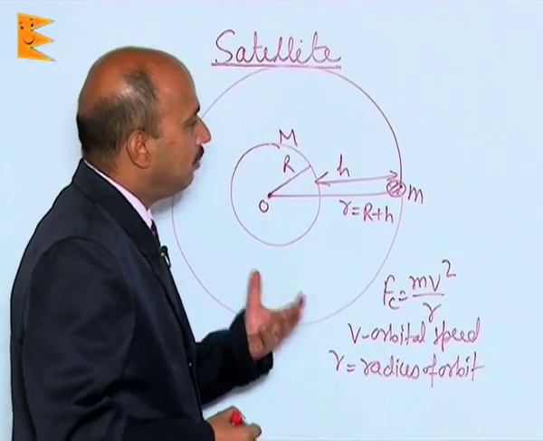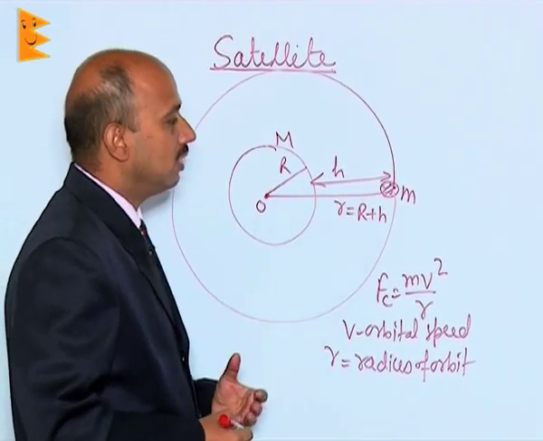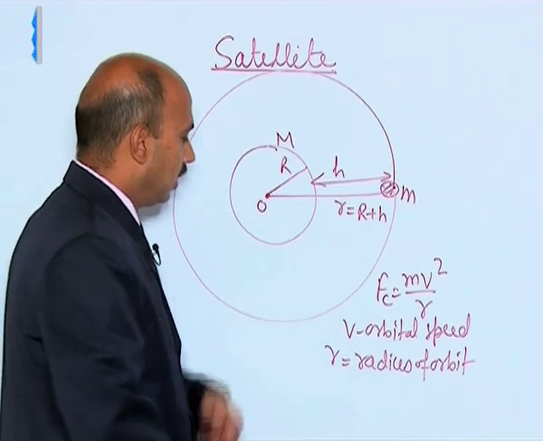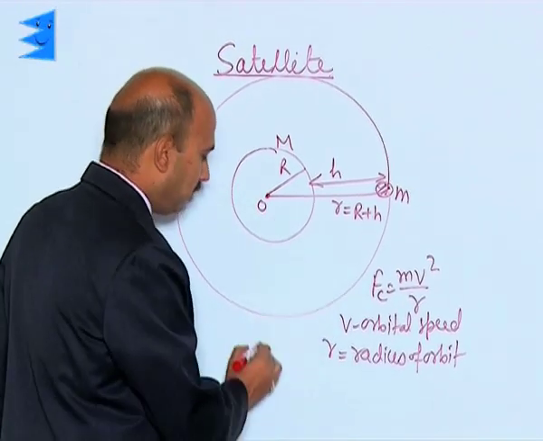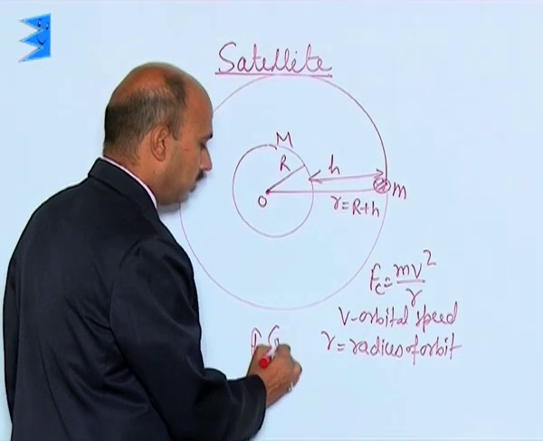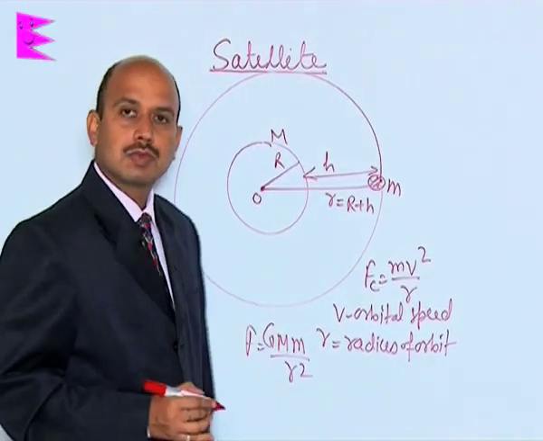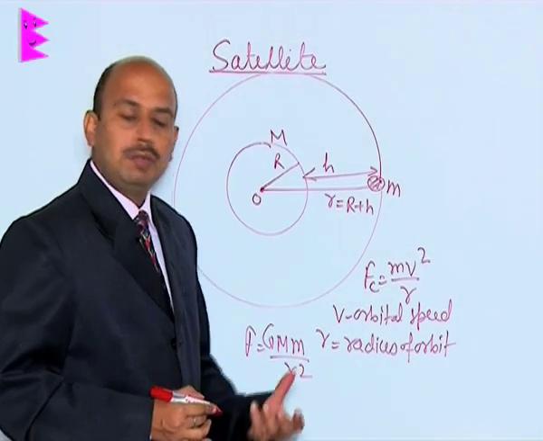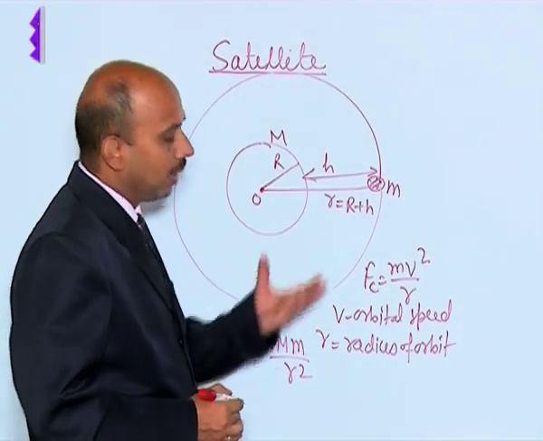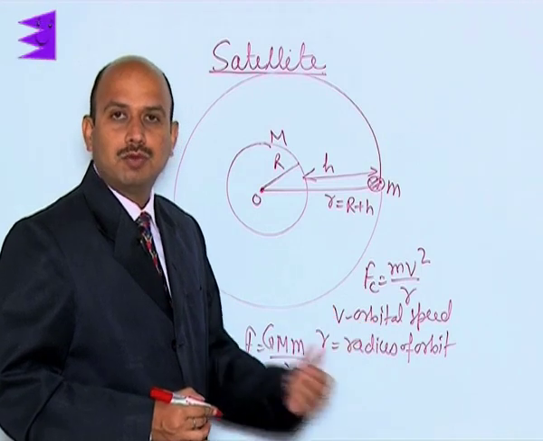At the same time, the body is experiencing gravitational force, and the gravitational force F can be written as F is equal to GMm upon r square. In equilibrium, this gravitational force provides the necessary centripetal force.